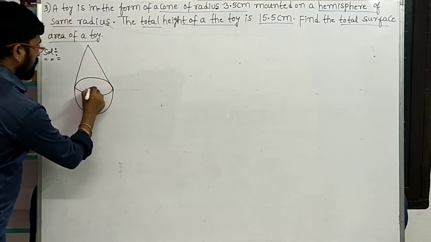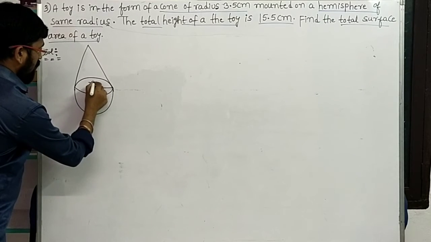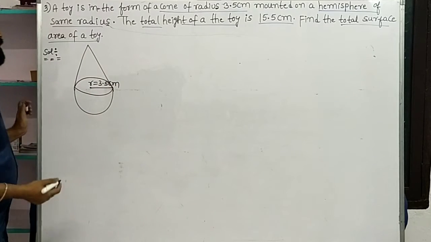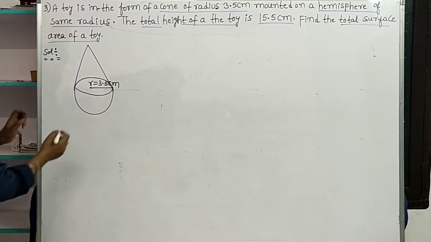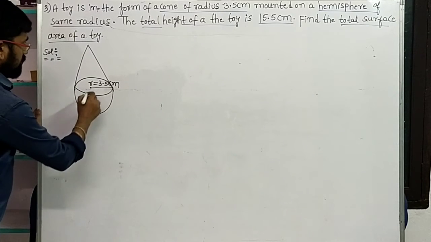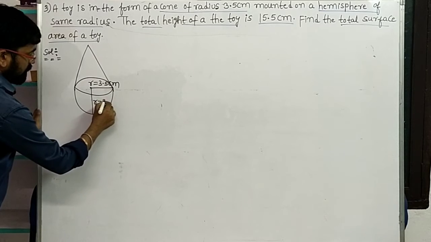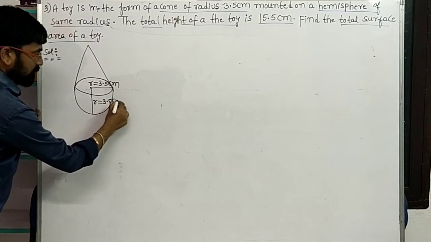The radius is r equals 3.5 centimeters, and this is also the same r, 3.5 centimeters.